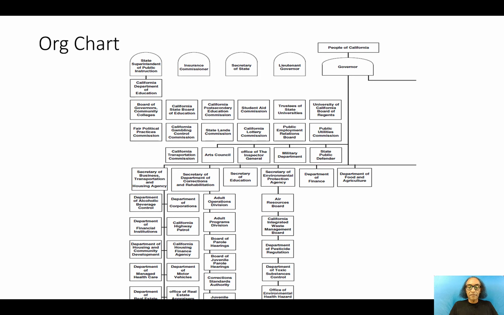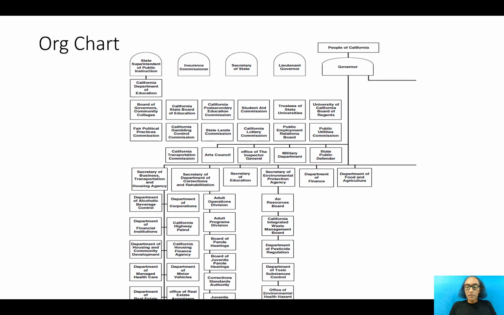Its members are appointed by the governor, although as you'll note from the chart, they're not accountable directly to the governor. They're, as it were, independent bodies.